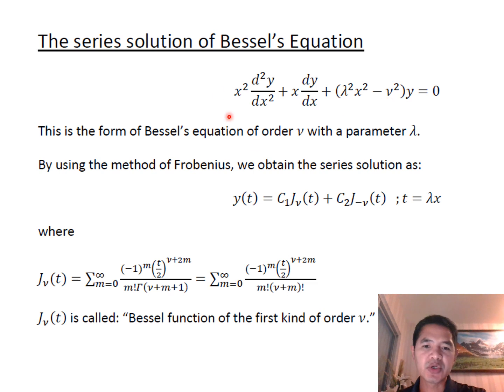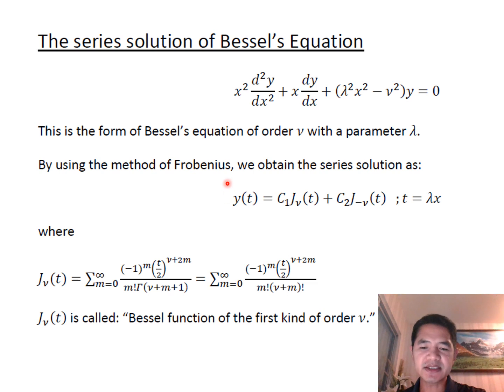To solve this second ODE form, from the previous chapter we can use the Frobenius method, but in this chapter we can use the shortcut method, which is Bessel's method, to solve the second ODE here.